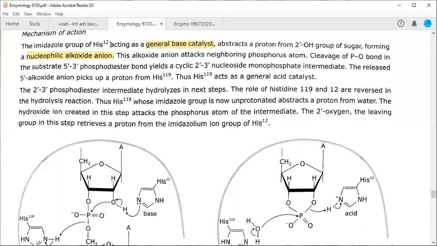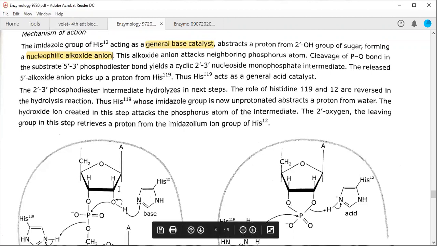So you should underline this whenever acid-base catalysis is happening in the case of RNase A. It will lead to the synthesis of a species over this 2' carbon of the ribose sugar. This has nucleophilic properties because it is going to attack some positive charge-loving species, because it has a negative charge. This is called the alkoxide anion.